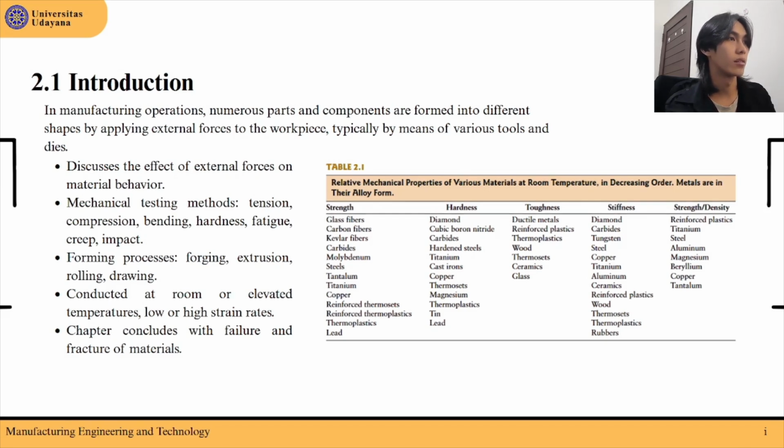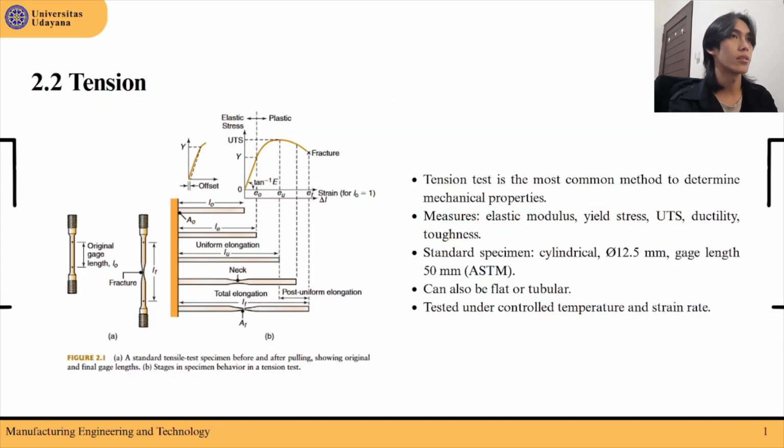You can see in the table we have material mechanical properties with hardness, strength, toughness, stiffness, strength, and density. So in the next slide we have tension. Tension is the most widely used mechanical test.